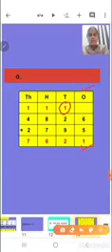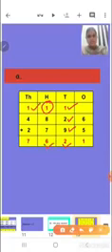Then we will add 1 plus 2 plus 9 in tens place, which is equal to 12. Again 1 will be carry over and number 2 will write in tens place. Children, in hundreds place we have 1 plus 8 plus 7 which is equal to 16. 1 will be carry over and number 6 will write in hundreds place.